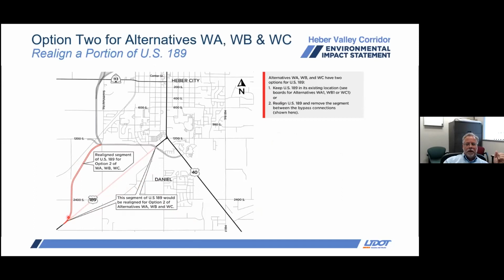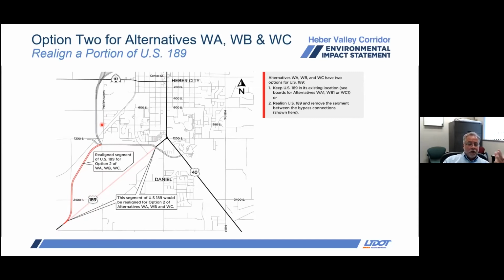With this option, traffic that's traveling north on US 189 would be rerouted to the bypass, and then this segment of US 189 that we're showing, that's this light red, could then be removed. We're looking at this option because it helps take more traffic off of Main Street, in that it would route all this northbound traffic coming from Provo onto the bypass.